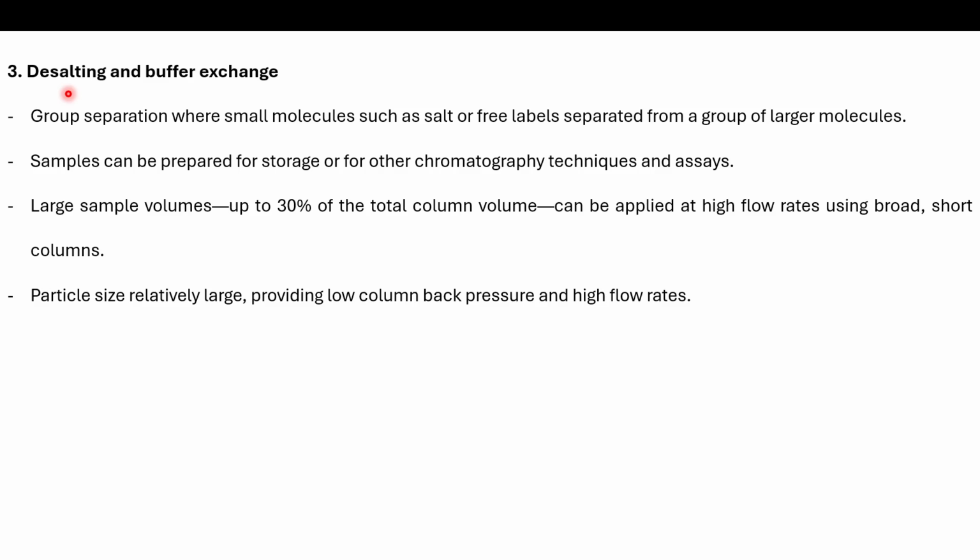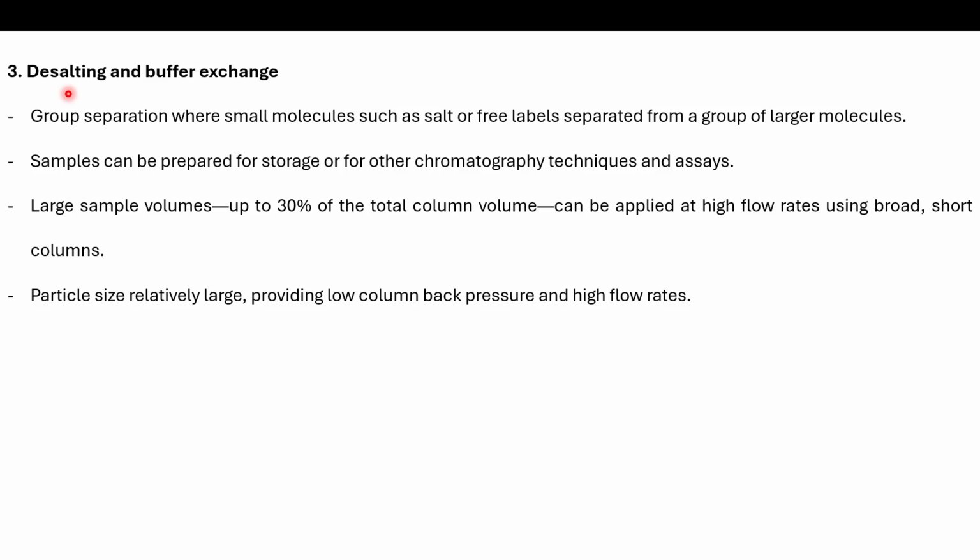Now, for mass spectrometry of a nucleic acid, all the buffers that the tRNA or the RNA is in have to be removed. Otherwise, it will hamper or affect the mass spectrometry results.